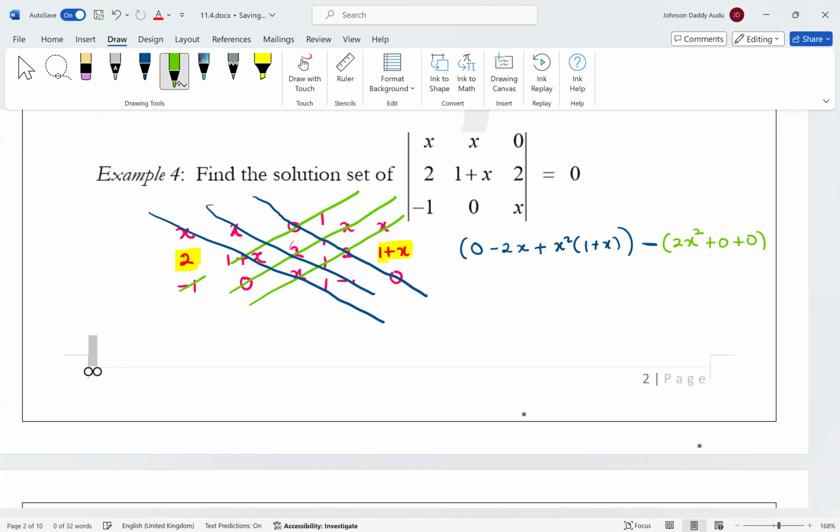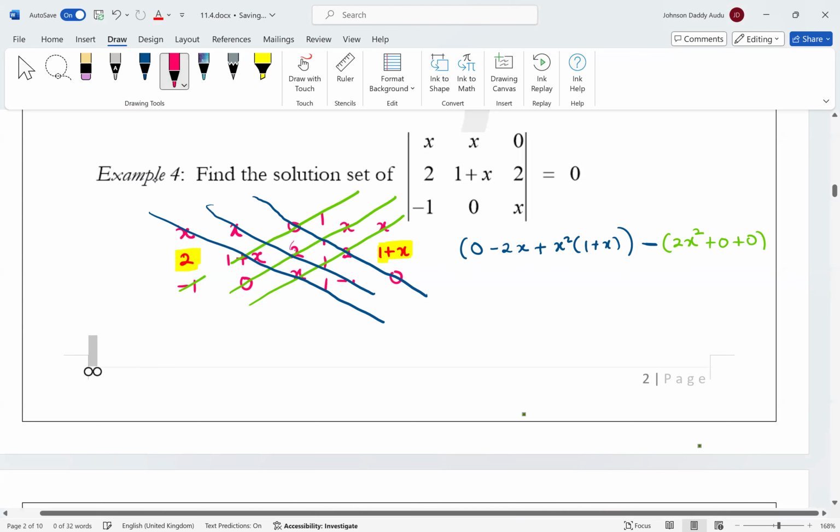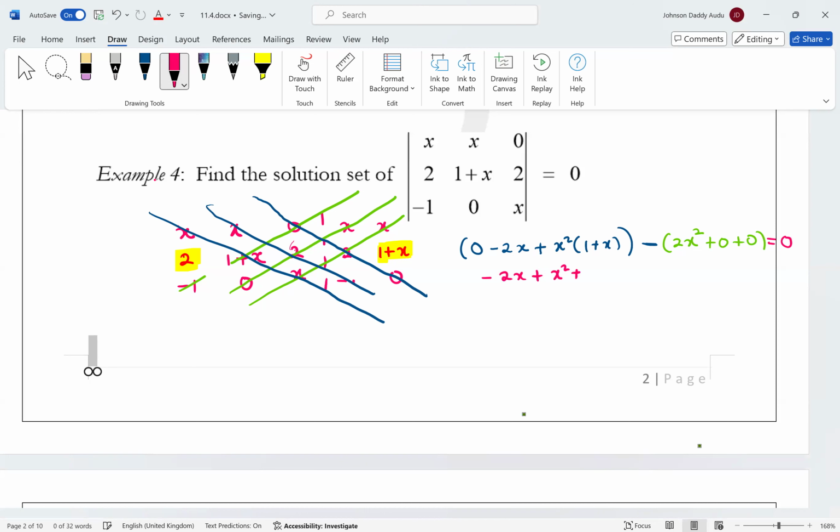And this should be equal to 0, because if you subtract this, you should get 0, because that is the determinant. And now this will just be minus 2x plus x squared plus x cubed minus 2x squared. This should be 0.